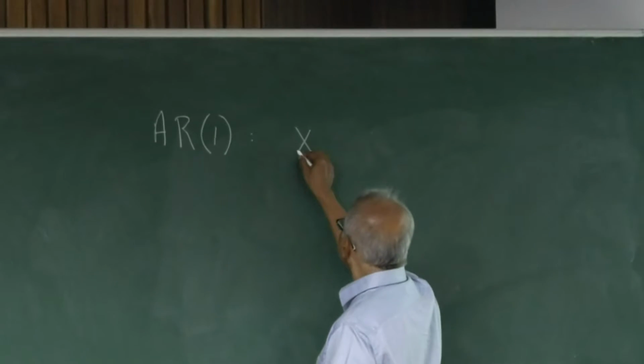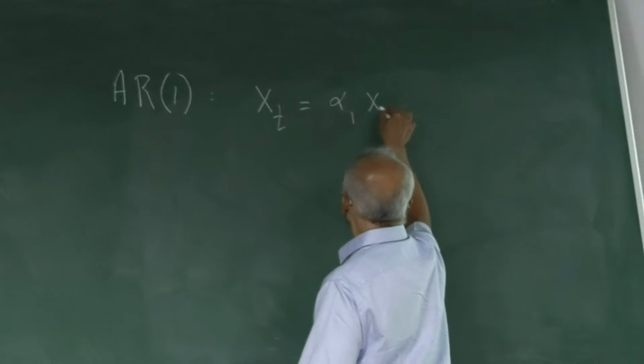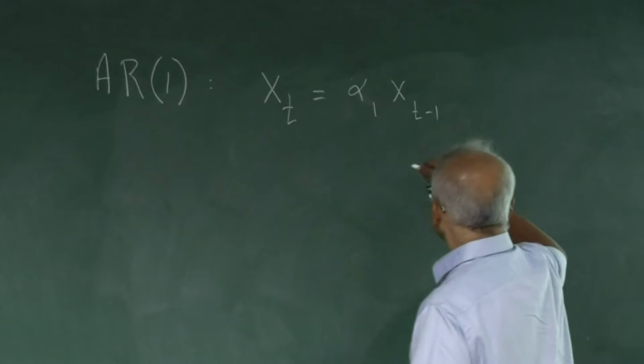AR1 is xt, I'll keep to the notation, so I'll put it as alpha 1 xt minus 1 plus epsilon t.